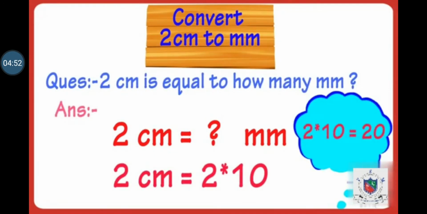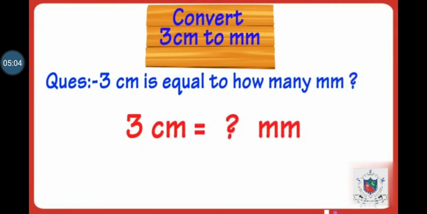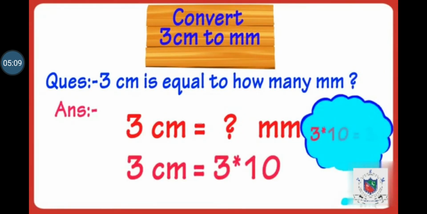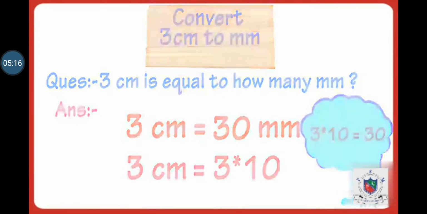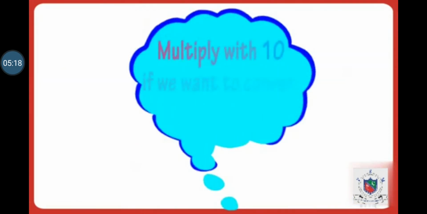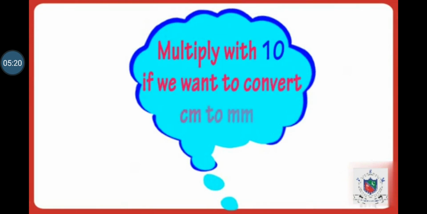Yes, 2 multiplied by 10, that will be equals to 20 millimeters. Dear students, now we have to convert 3 centimeter to millimeters, and it will be 3 multiplied by 10, that is equals to 30 millimeters, because we are multiplying it by 10. Multiply with 10 if we want to convert centimeter to millimeter.